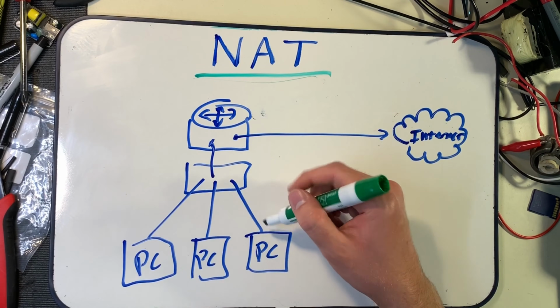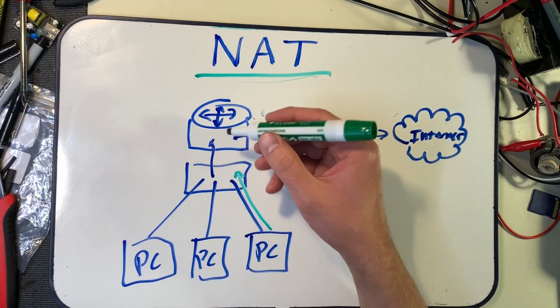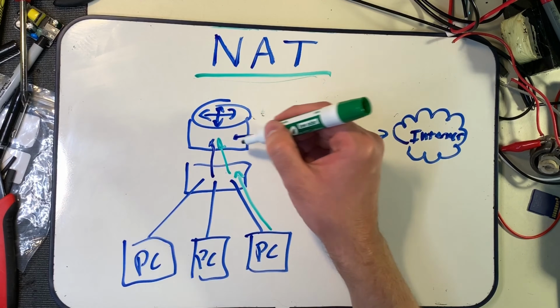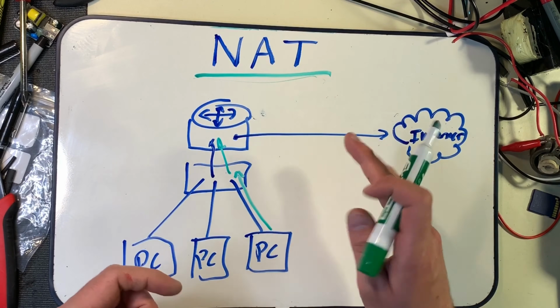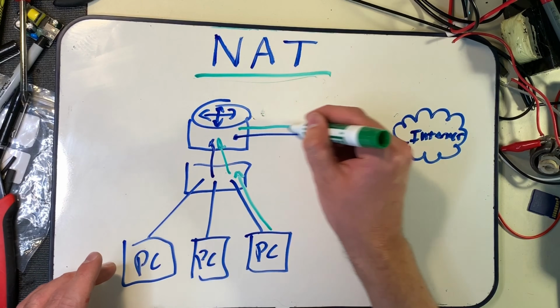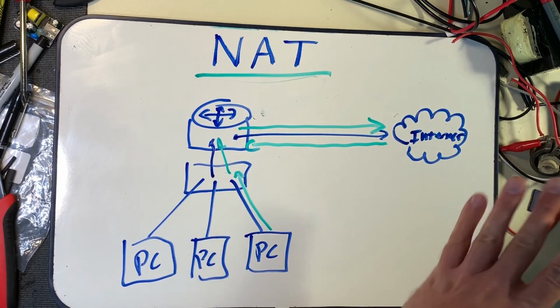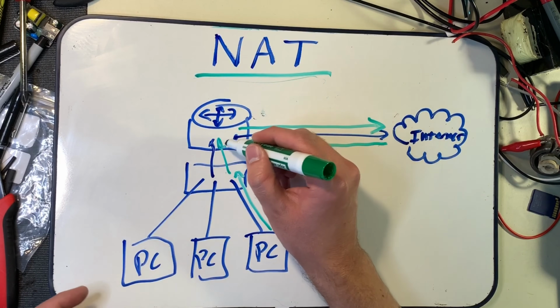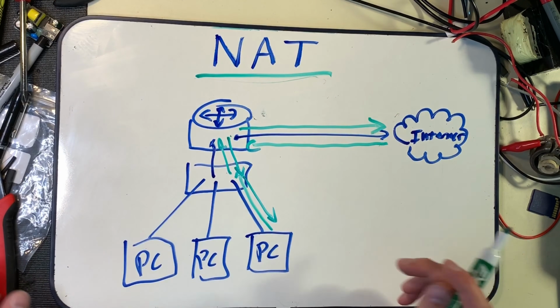When a PC sends a request to the internet, it goes up to the router, which sees that this machine is trying to access this website on this specific port, and keeps track of that. So when it sends it out to the internet and the internet gives a response, wherever that response may come from, the router knows that this PC is the one that's looking for the traffic.